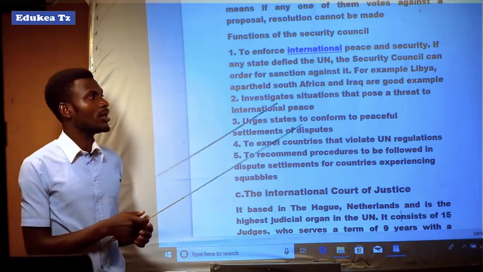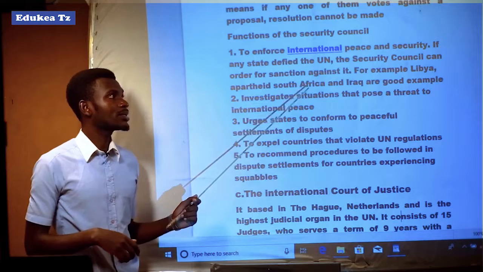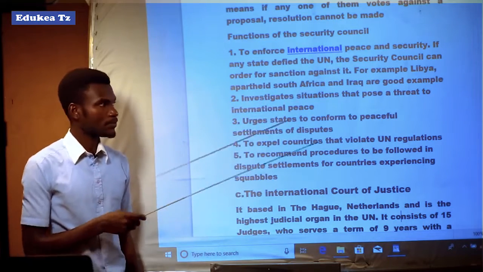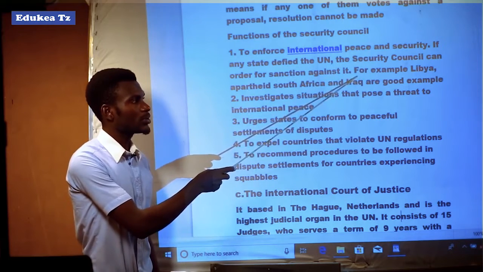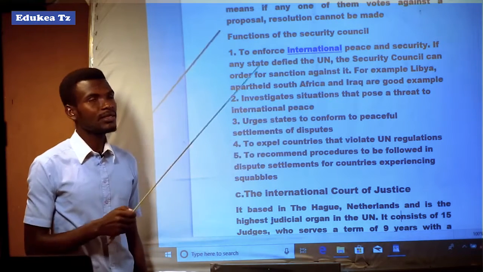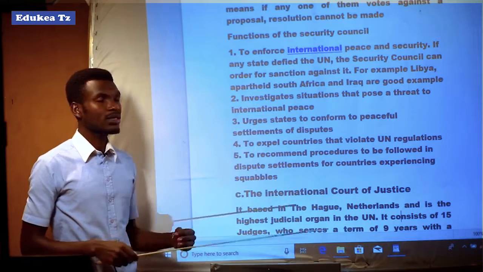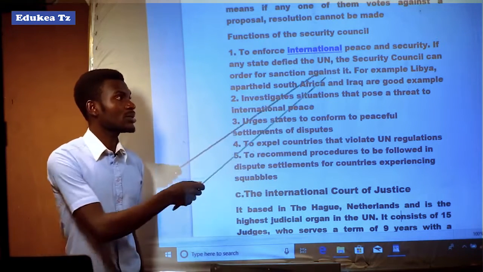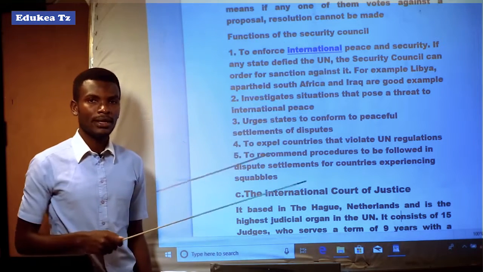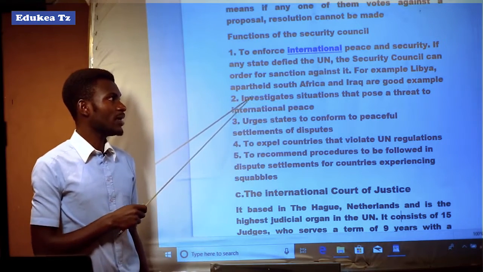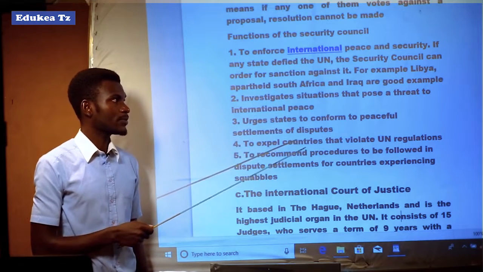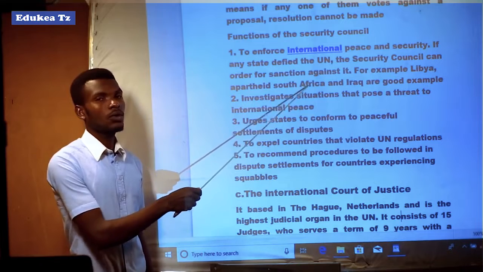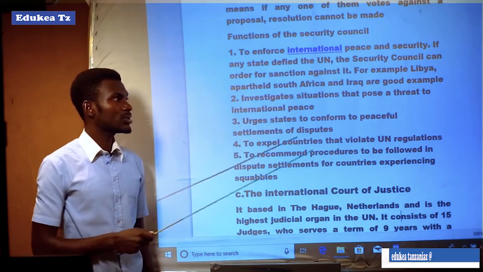To me, these were the events that marked the Security Council entering those situations. We can consider the example of Libya, when Muammar Gaddafi was regarded as a dictator. This was the action done by the Security Council. Even apartheid South Africa was interfered with by the Security Council.